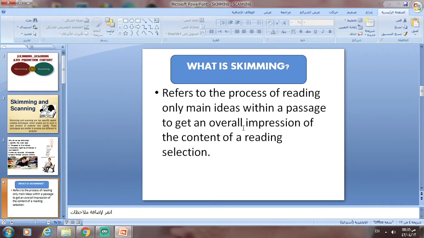So what's skimming? Skimming refers to the process of reading only main ideas within a passage to get an overall impression of the context of a reading selection. Okay, it is very important to know this.